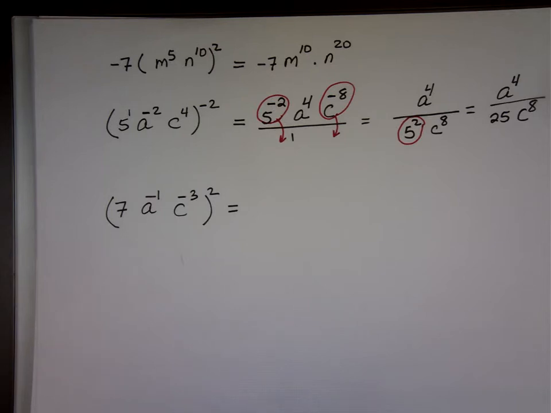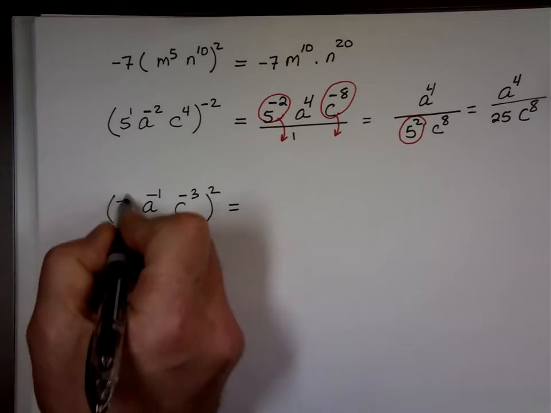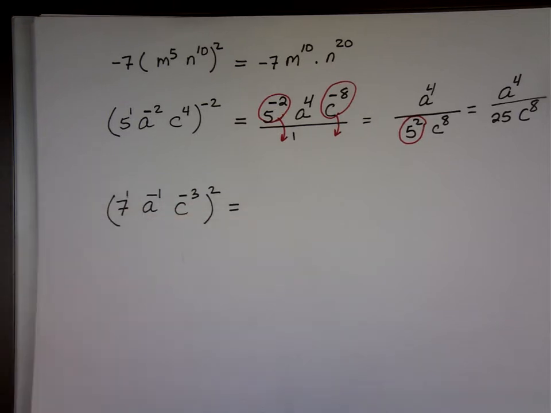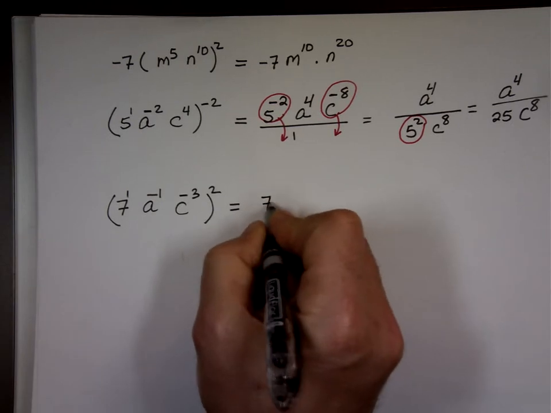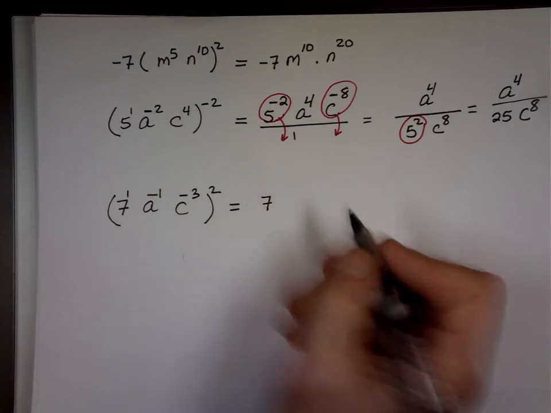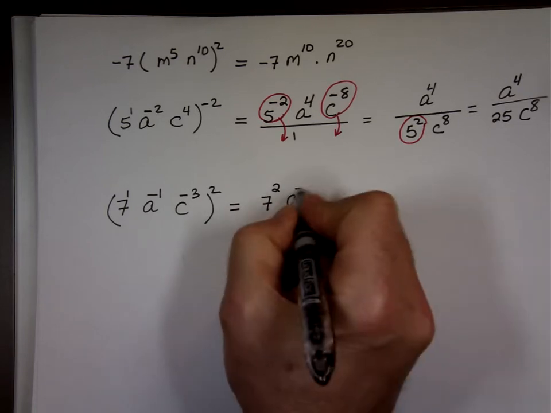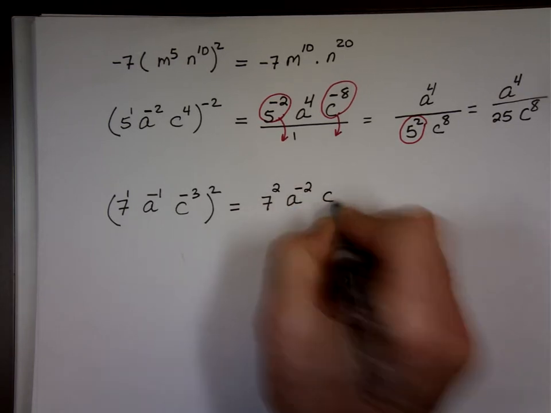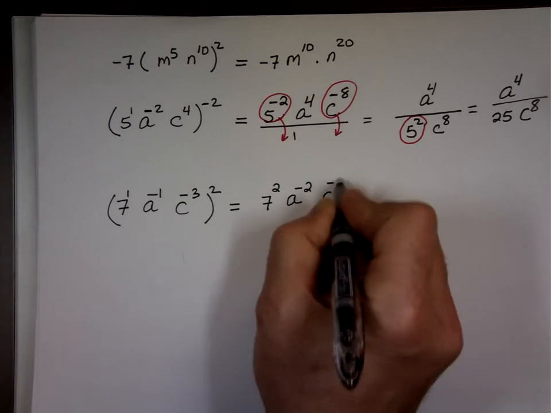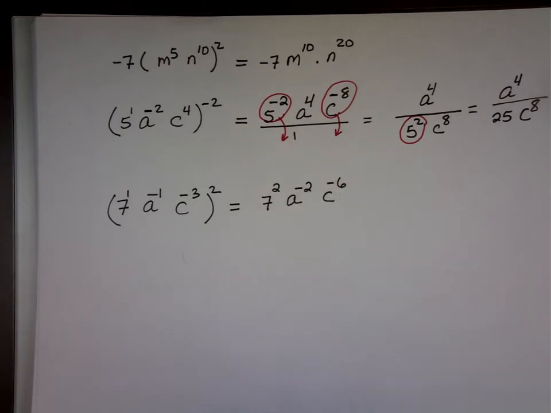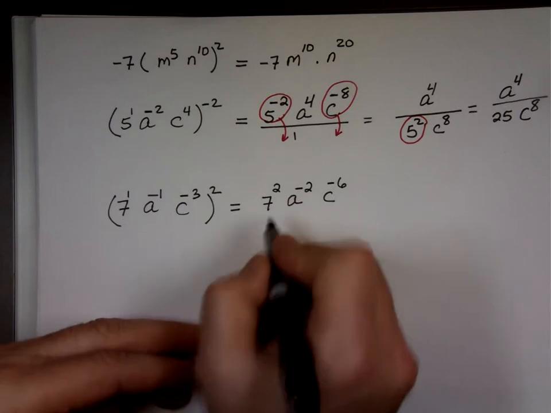Again, the power of 7 right now is what? 1 before we do anything to it? So this becomes 7 to what power? 2. A to what power? Negative 2. And C to what power? Negative 6. Power to power, we multiply. All over the 1.